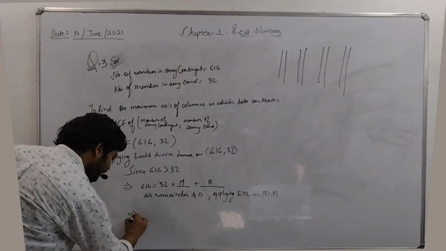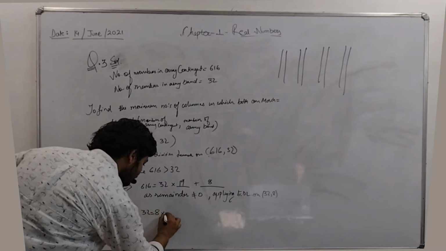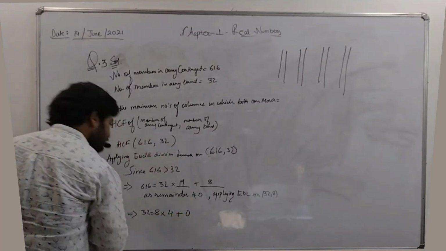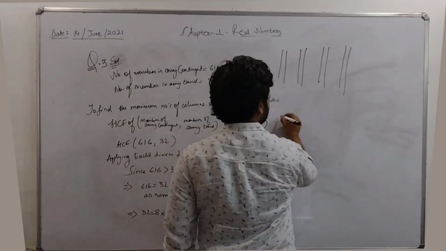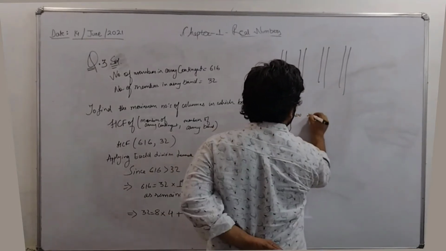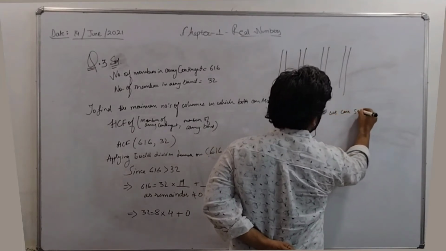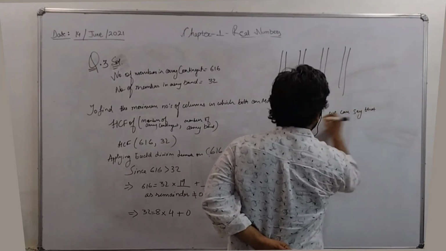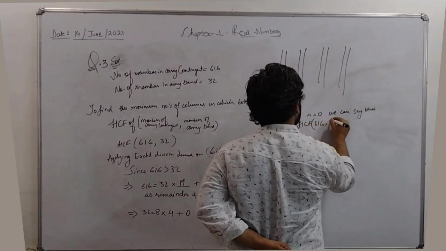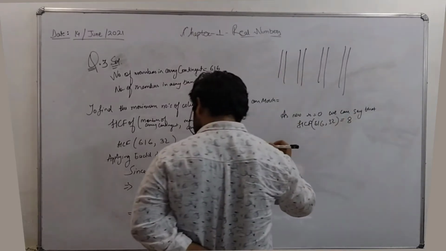So we have 32 is equal to 8 into 4 plus 0. As now r is equal to 0, we can say that HCF of 616, 32 is equal to 8.